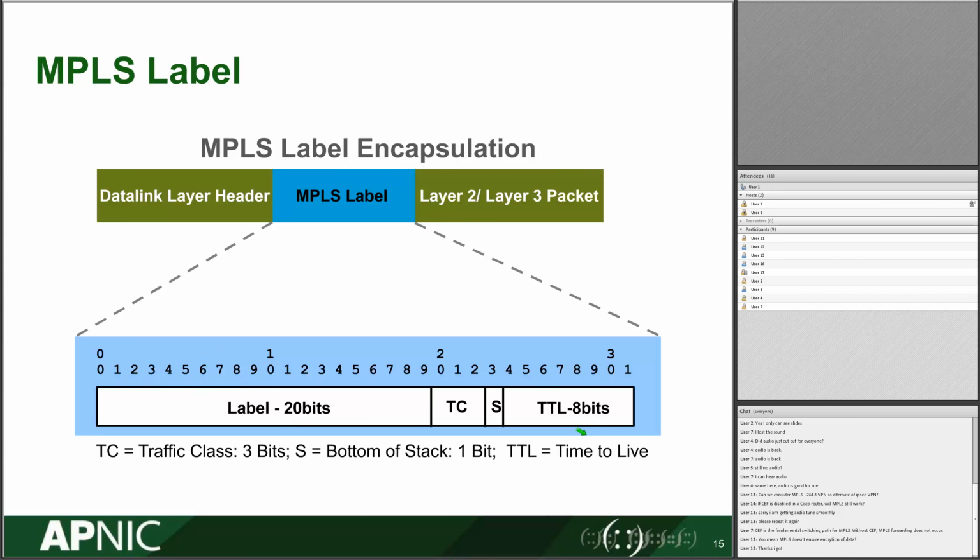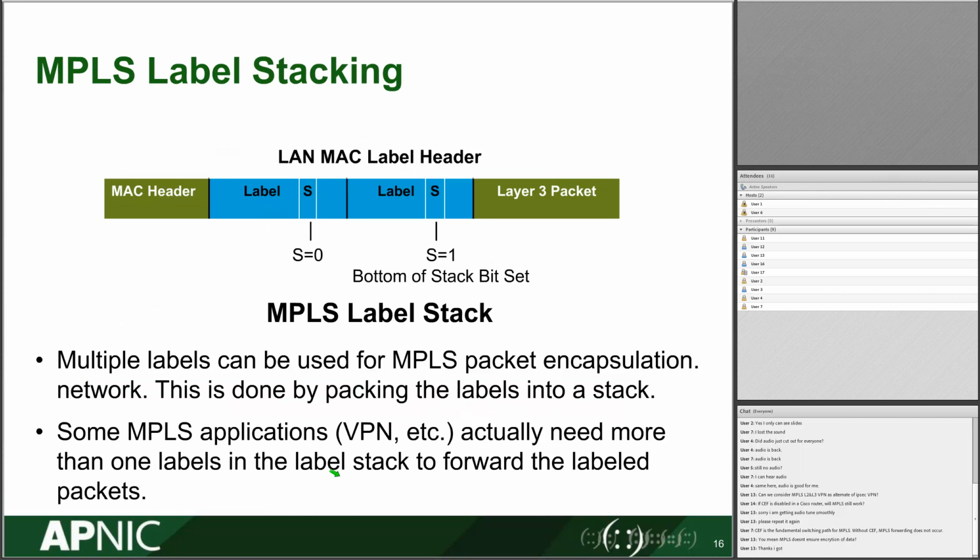The function is the same as the IP part. And TC is the traffic class, and some parts still call it EXP. So those 3 bits will be used for quality of service. And then there is one S bit, the bottom of stack. We will see it here.